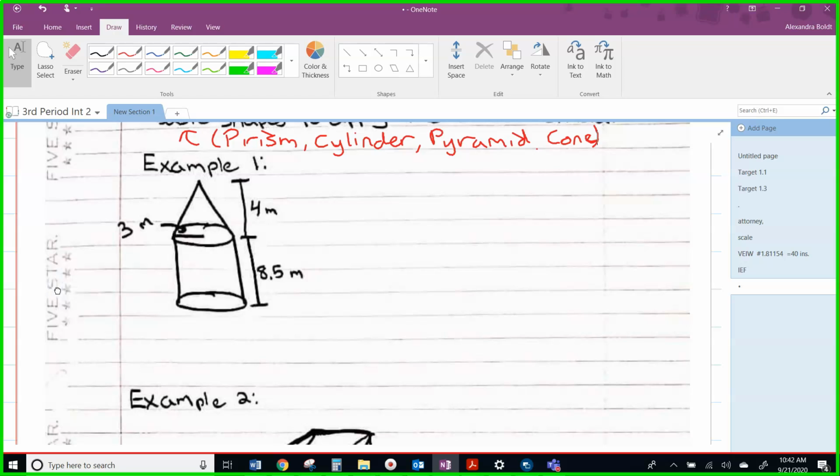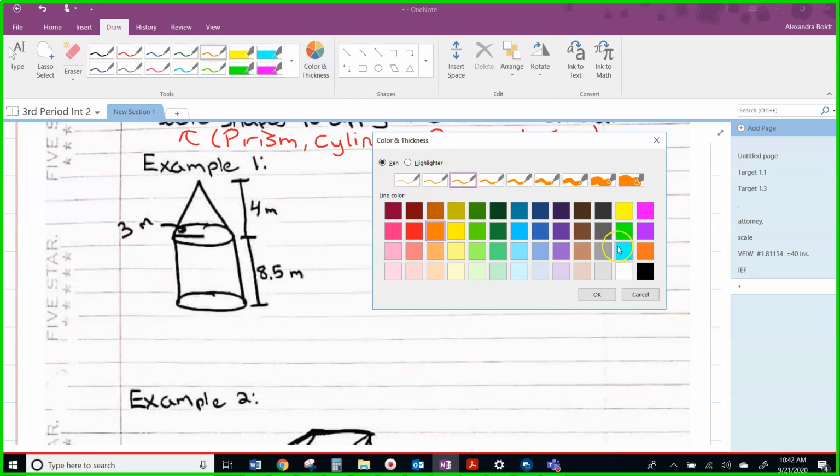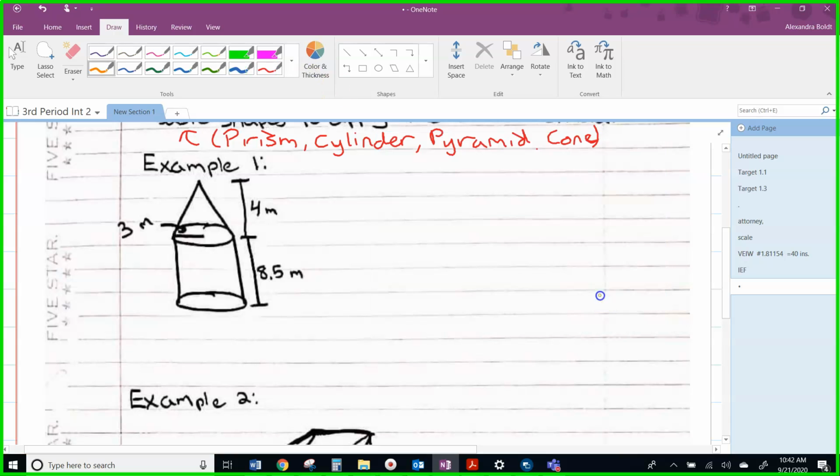Example 1, right? We have this towery looking thing. So the first thing we always want to do is determine which shapes are in this shape. So, increase the thickness here, right? If we look here, the first shape I see is this cone.